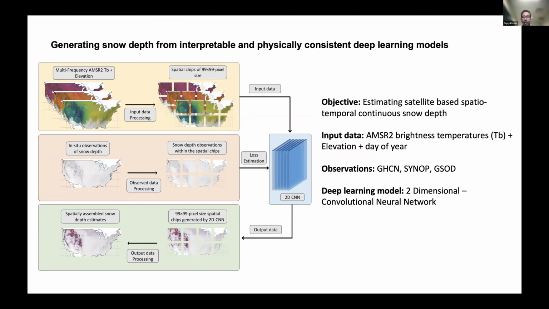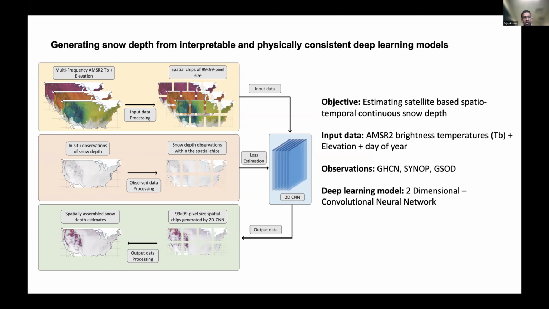In this case, we use deep learning models. The approach is to use multi-frequency microwave observations, or channel brightness temperature observations, from AMSR2, and train it to in situ information using a two-dimensional convolutional neural network. So overall, the approach is simple. Some of the challenges come from the spatial and temporal gaps in our remote sensing measurements.